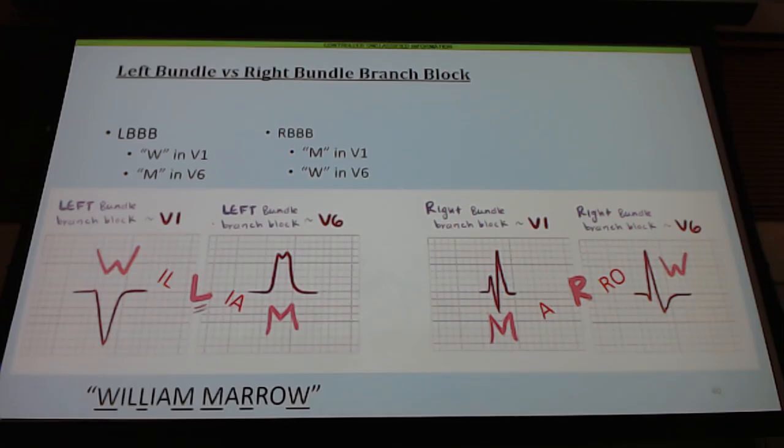And now with the right bundle branch block, it's the opposite, where I have that M wave in V1, the bunny ears, in right bundle branch block with a W wave in V6. So just an easy way to help you remember what to expect with a right bundle branch block and what to expect with a left bundle branch block. And remember, both of them are going to have that widened QRS complex.